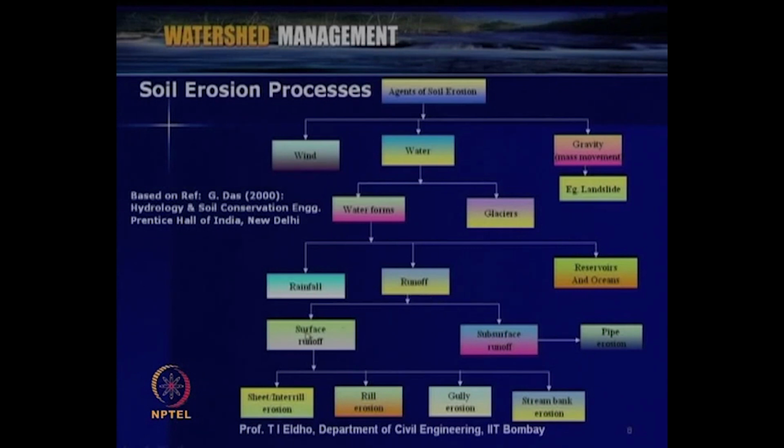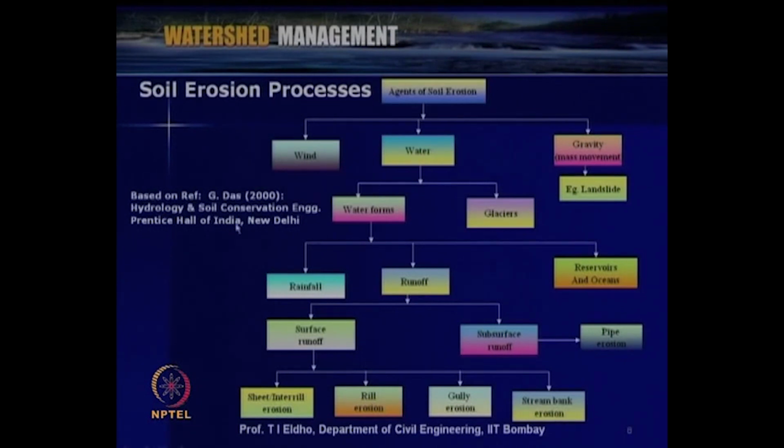And then as far as runoff is concerned, the runoff can be either surface runoff or subsurface runoff. The major soil erosion process is mainly due to the surface runoff. So, that we can classify into sheet or interrill erosion, then rill erosion, then gully erosion and stream bank erosion.